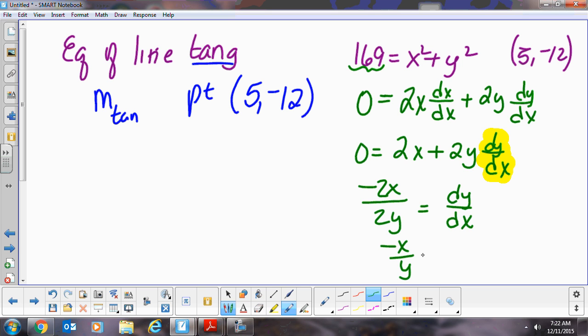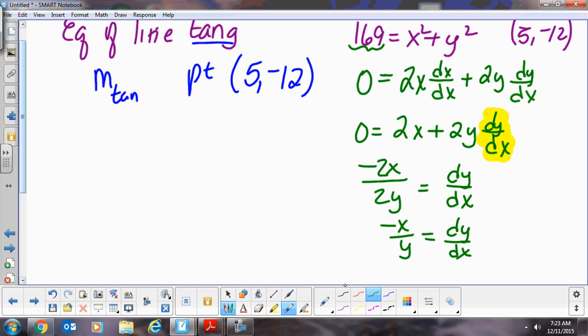How do I change this into a slope now? This is some notation you may see. dy over dx, they'll have a line here, and then they'll have this. What does that mean? I'm going to evaluate the derivative at this point.